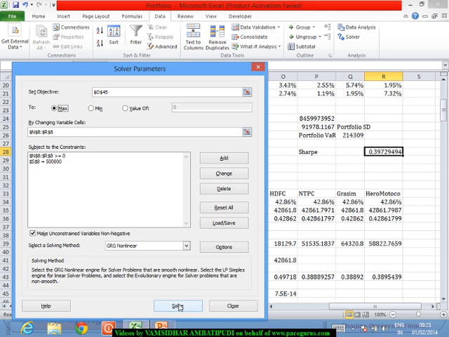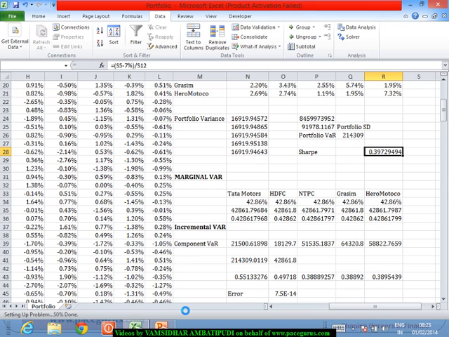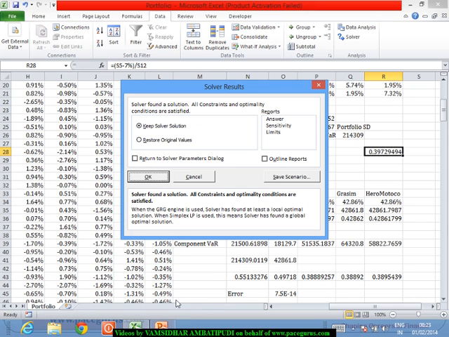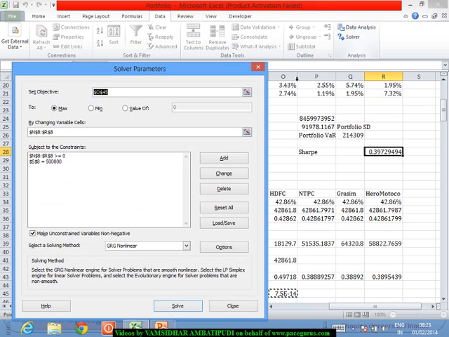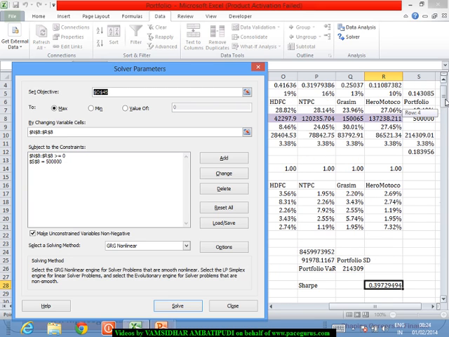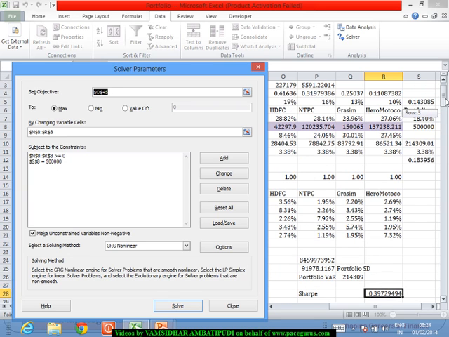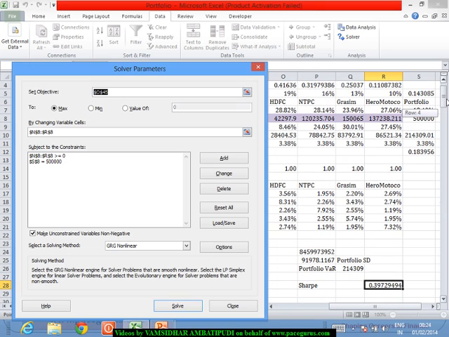Now when I'm trying to solve for it, in this case at least I got a similar kind of solution. Maximize.